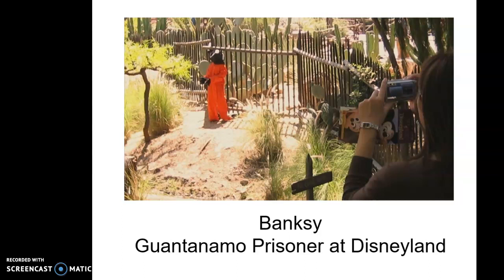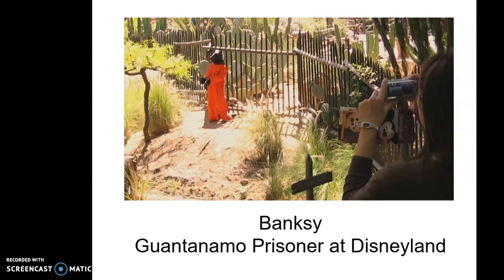Now, this is an installation that is really kind of along the lines of street art. This is from Banksy. And this is the Guantanamo prisoner at Disneyland. So Banksy is a street artist that is a name you should be familiar with, a current artist. No one knows his actual identity, but he does tend to do things that are very interesting.